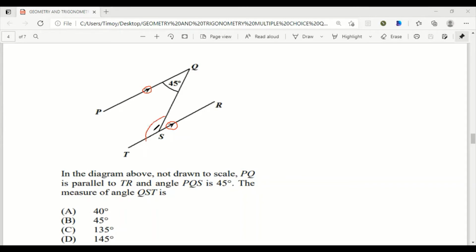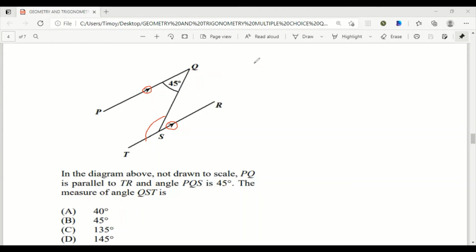So let's compare angle QST with angle PQS. These two angles are what we call co-interior angles, right? And what do we know about co-interior angles? It is a pair of interior angles inside of a parallel line that sums to give 180 degrees.